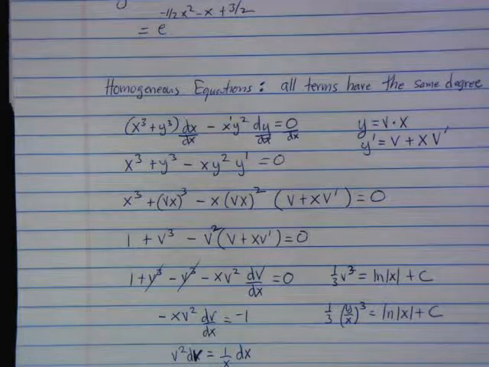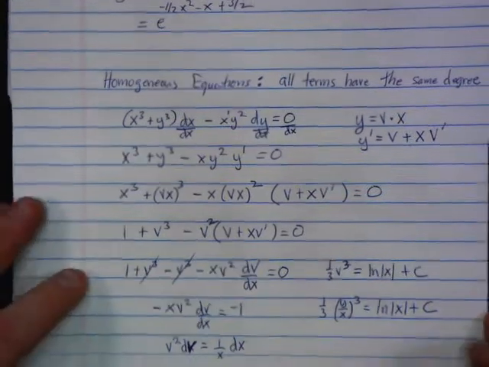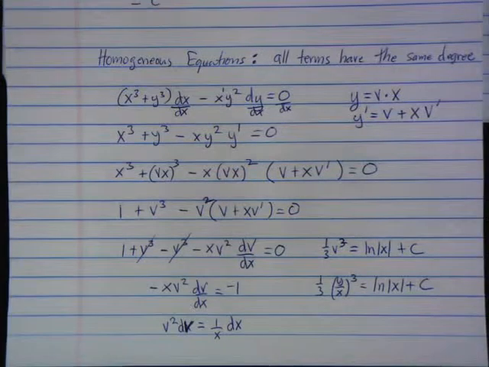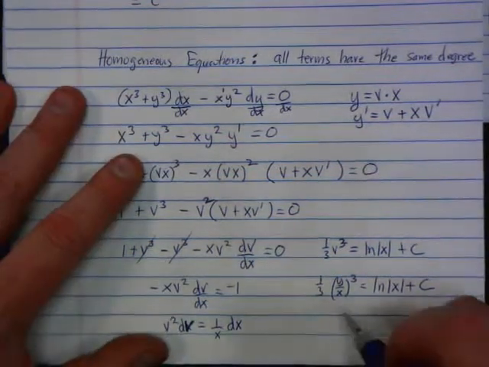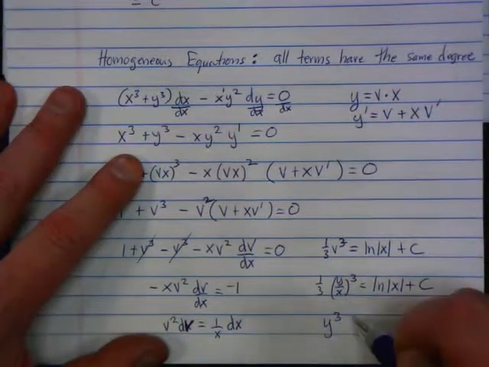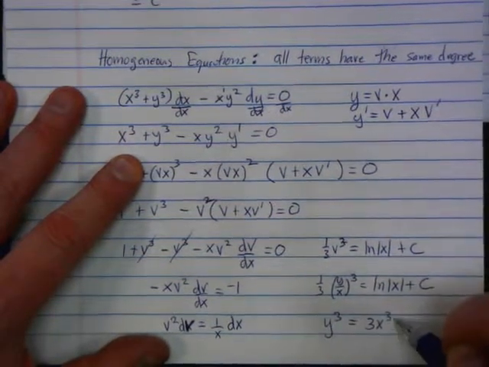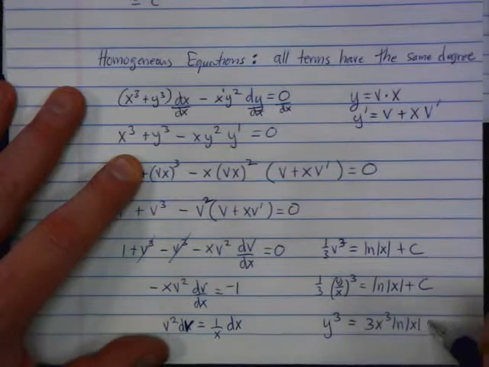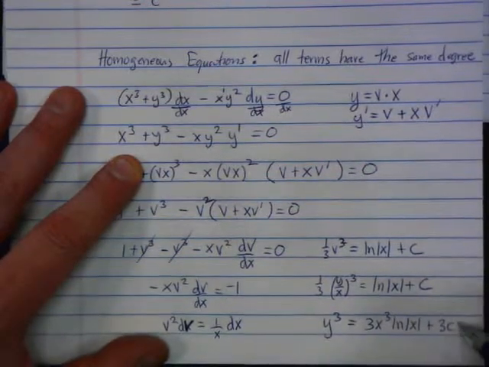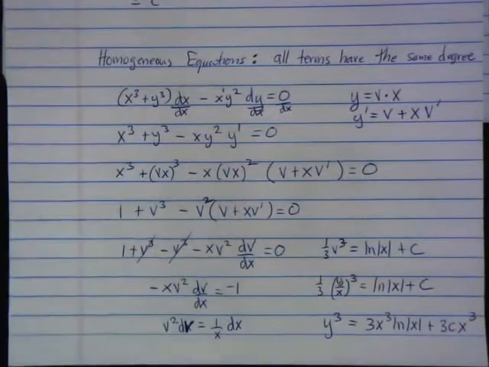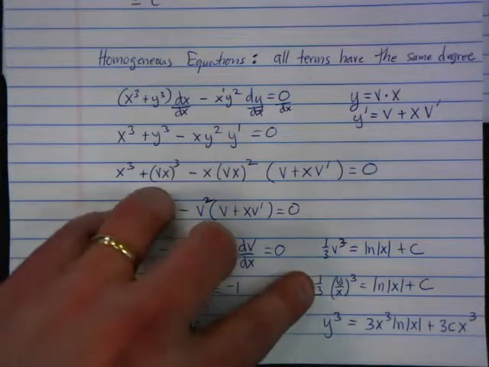And that's a perfectly acceptable answer, but if we were to look up the answer in the back of the book, my guess is they would write it as y cubed equals 3x cubed ln absolute value of x plus 3cx cubed. So what did I do to go from there to that last step?